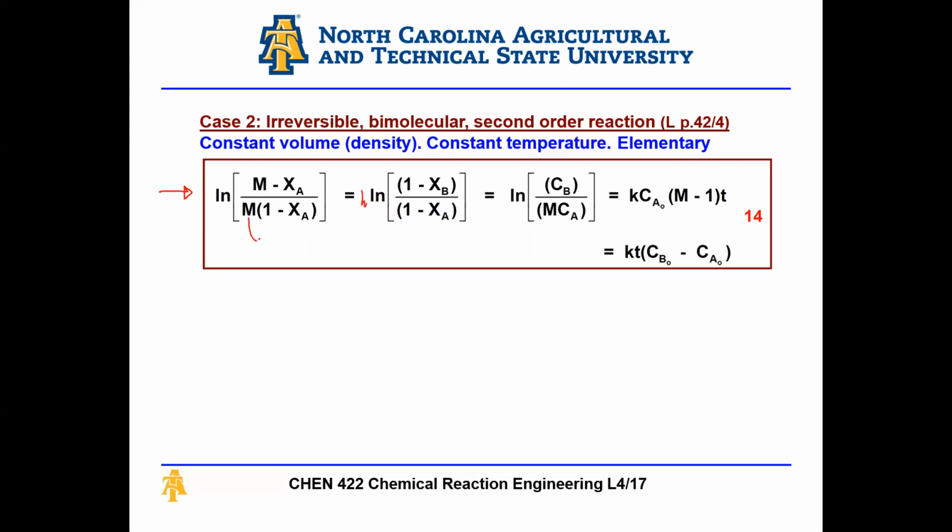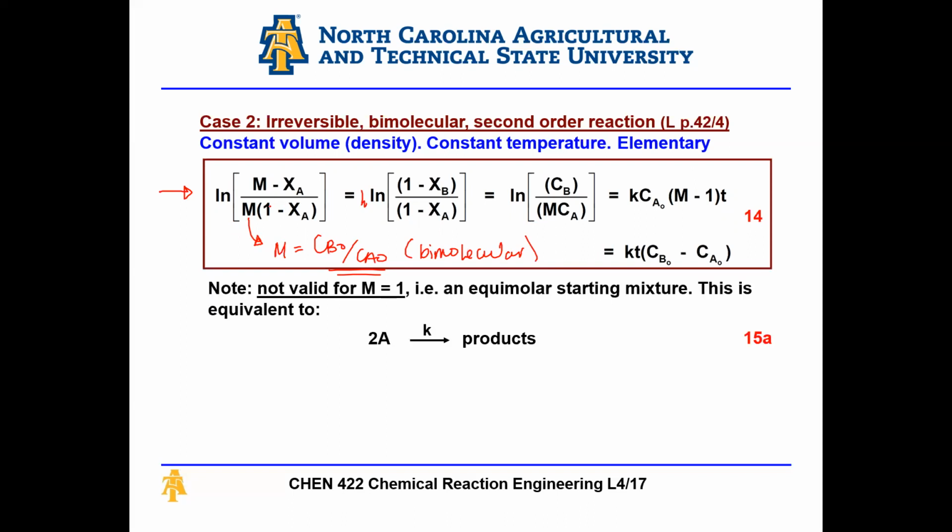This is the case when I have a bimolecular second order reaction. And you need to be able to use this performance equation to solve problems. And you also should know that this equation is not valid when M equals 1. It's mathematically incorrect.